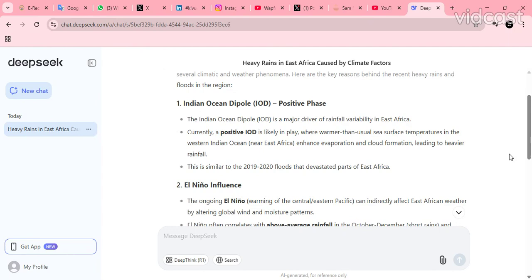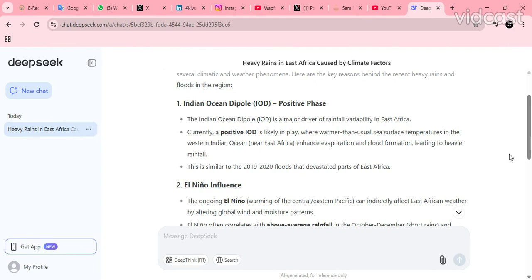So here are some factors that we've been researching and found very important to share with you on how the heavy rains have attacked this East African region, including floods and erosions in different cities across East Africa.